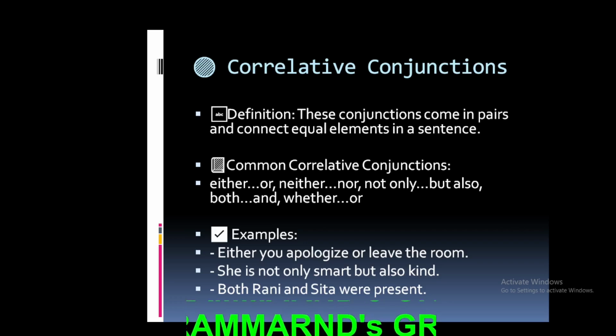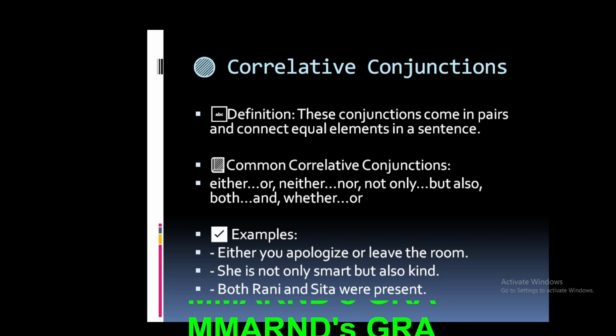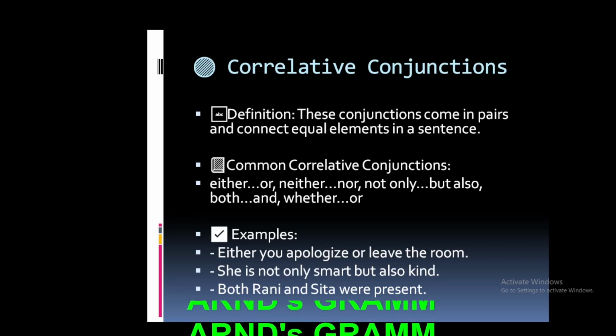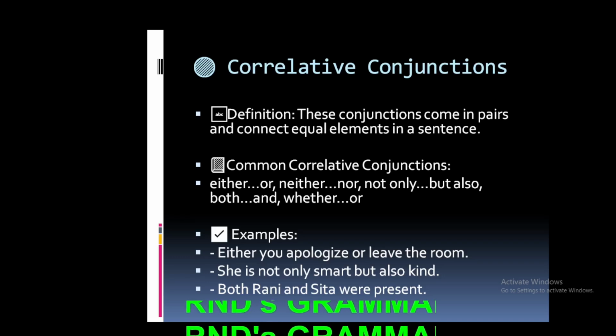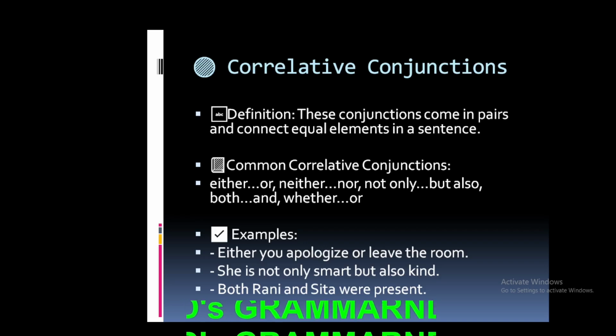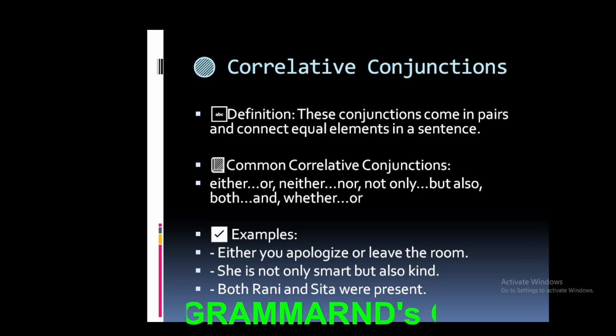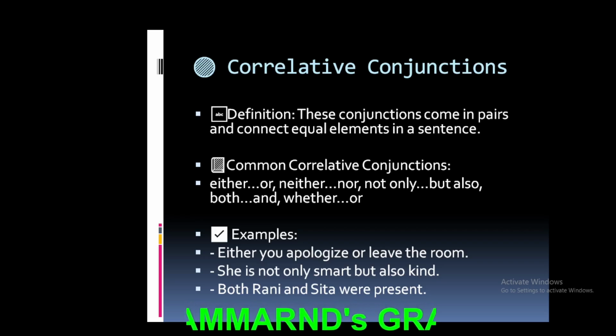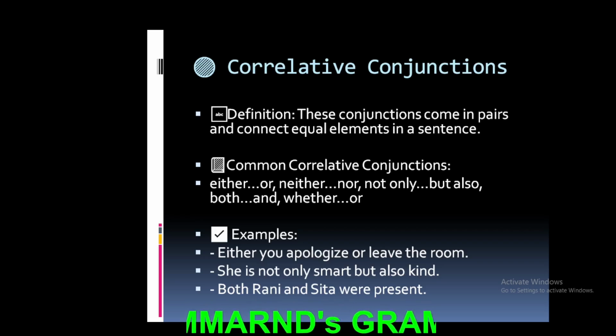Either or indicates one of the two items. Neither nor is the negative form of either or, indicates none of the two items. Not only but also joins two items of equal status to give emphasis.